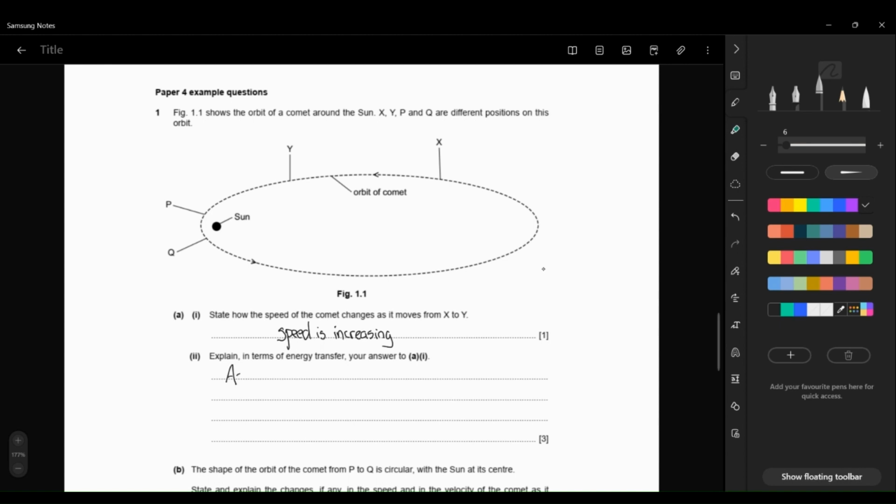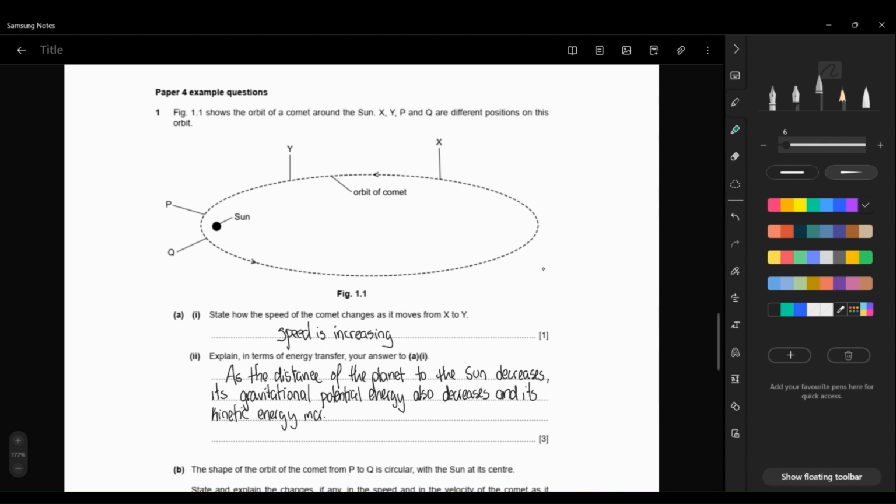So, as the distance of the planet to the Sun decreases, its gravitational potential energy also decreases, and its kinetic energy increases.